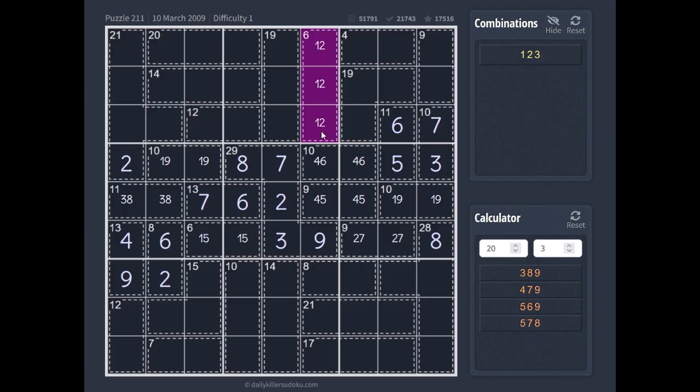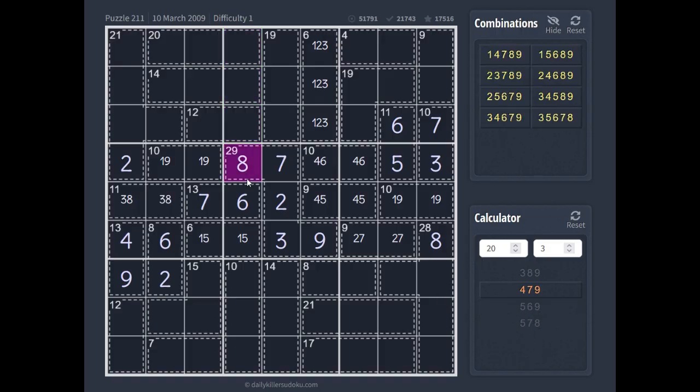The 6 is a 1, 2, 3. So 3 is not an option here. And the 8 and the 6 are not options because of the column. So we know this is a 4, 7, 9.